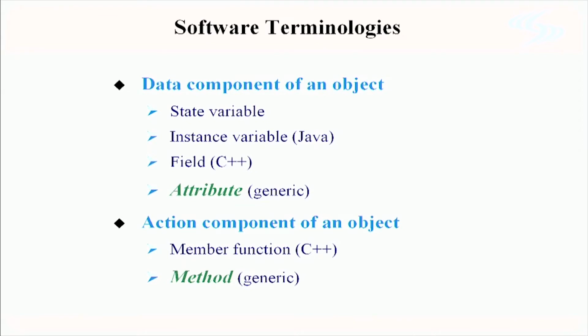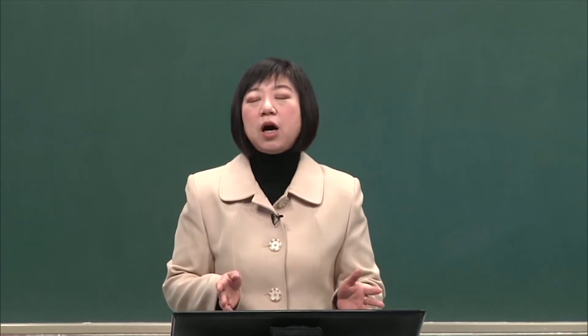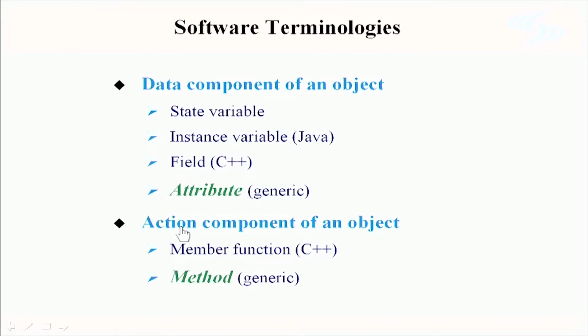From today, we must understand that the software engineering that we are going to learn is object-oriented software engineering. So we must use the standard object-oriented terminology. From today, we are going to call the data components of an object attributes. As for the action component of an object, it is called a member function in C++.